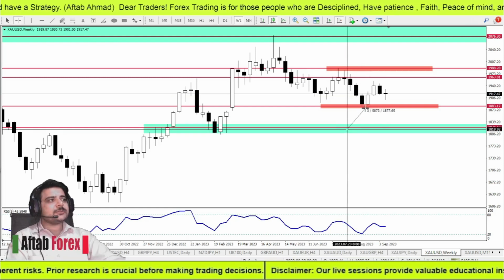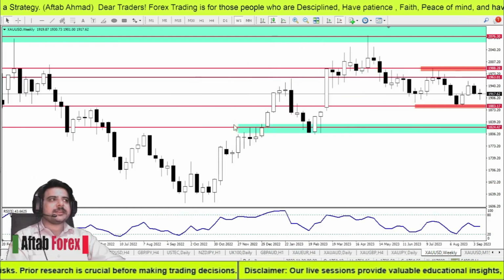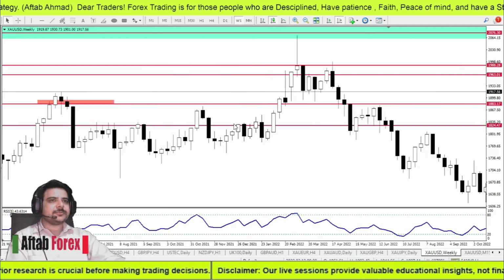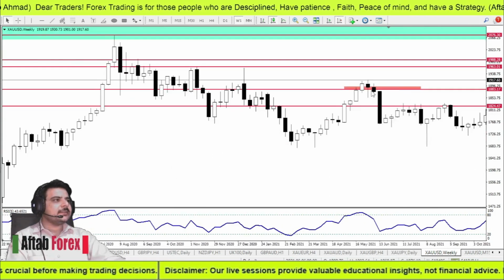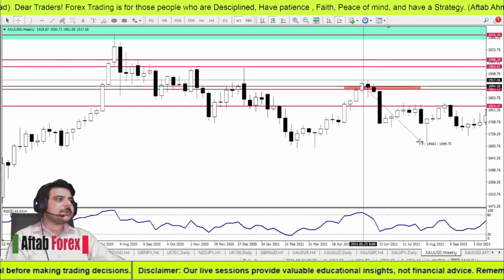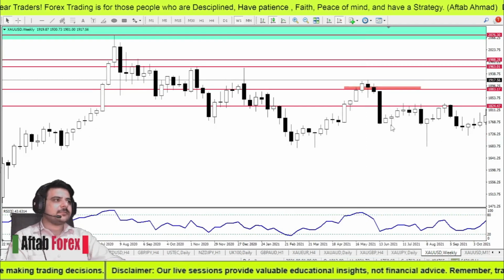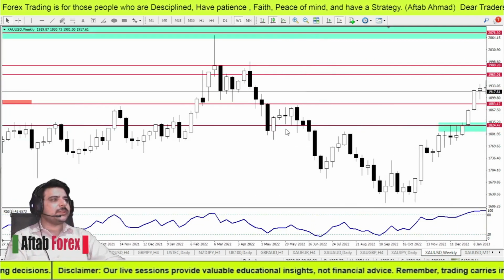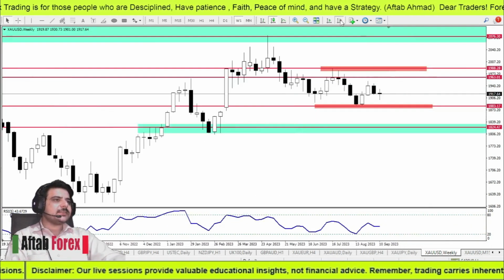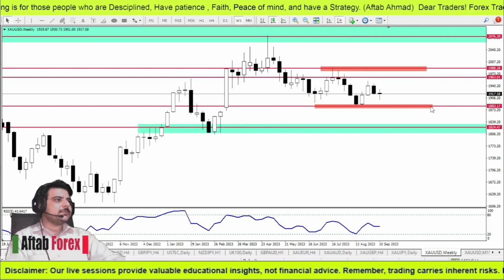Let me show you. Here it is. From that level the price bounced back, in 2021, I'm on the weekly. So I say okay, this is now my support.